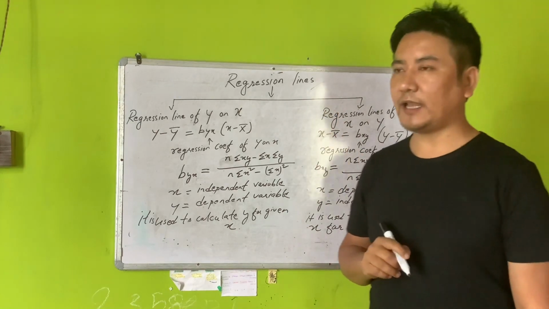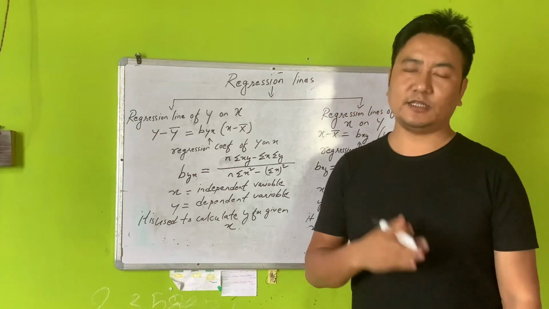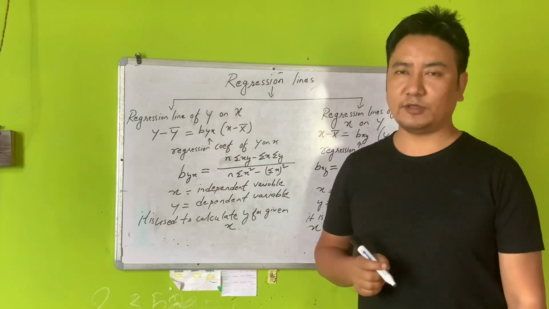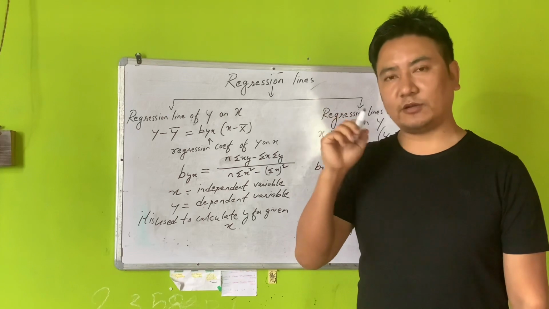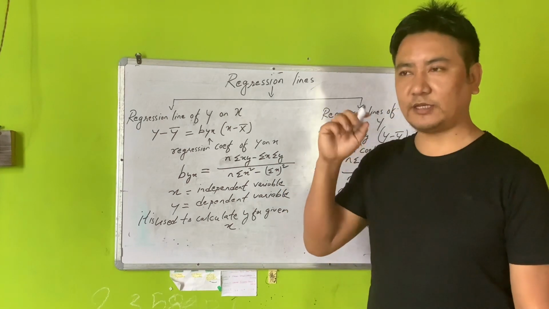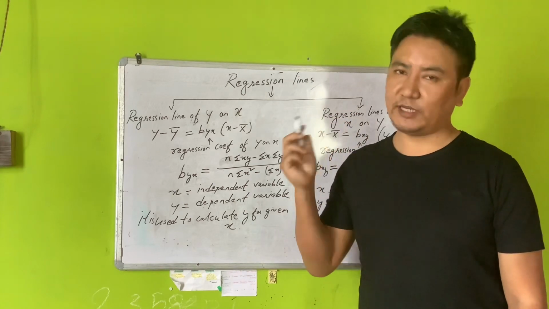In the last class, I gave you two random examples. If you have to calculate x with the given y, then you have to write x is equal to 2y minus 3, like that.